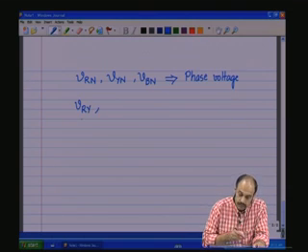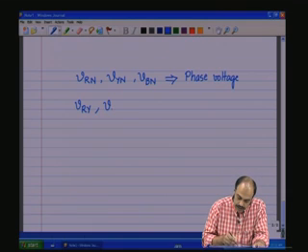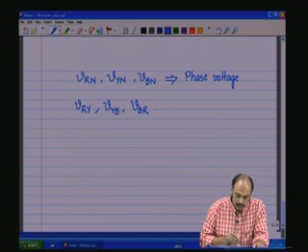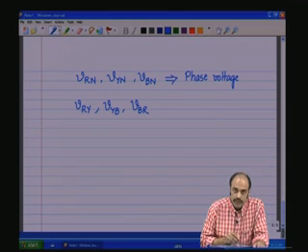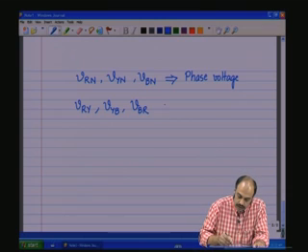VRY, VYB, VBR, that is voltages with respect to each of the lines, that is between R and Y line, between Y and B line, between B and R line, these are called the line voltages.